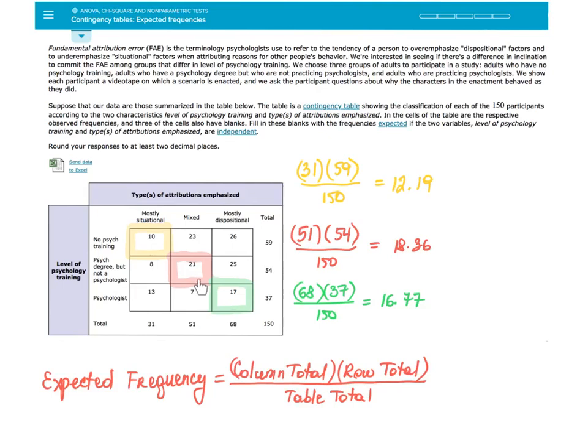For the next cell that has 21 as an observed value, we need to multiply 51 by 54, which are the totals for the column and row, and divide by 150, which gives me 18.36. Finally, the last cell has observed value of 17. To find the expected, we need to multiply 68 by 37 and divide that by 150. The resulting quantity is 16.77.